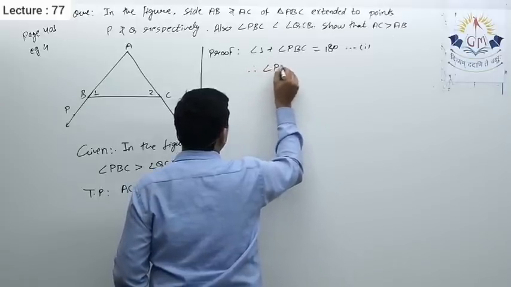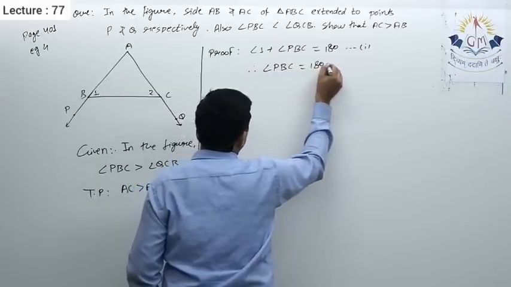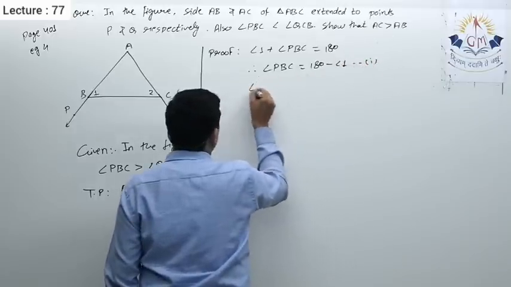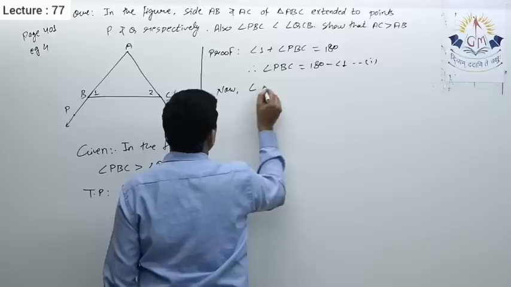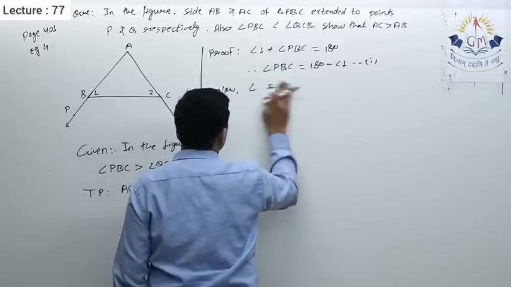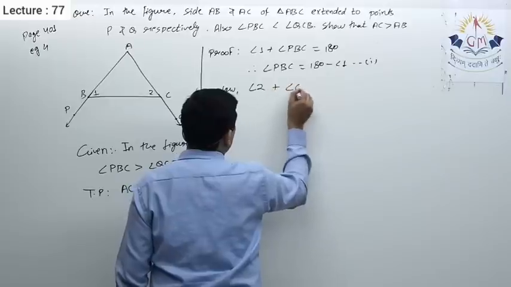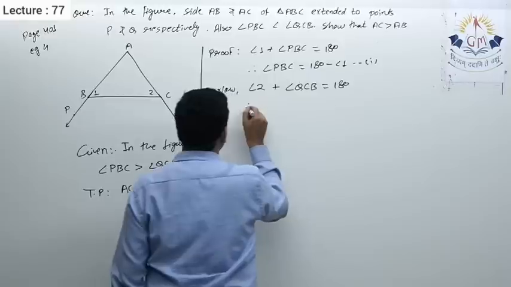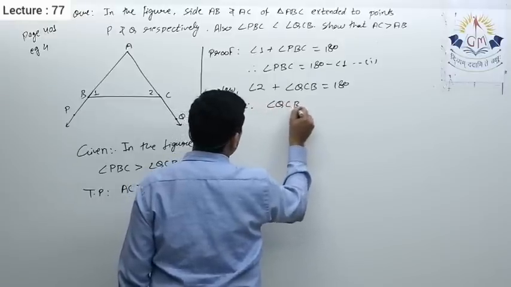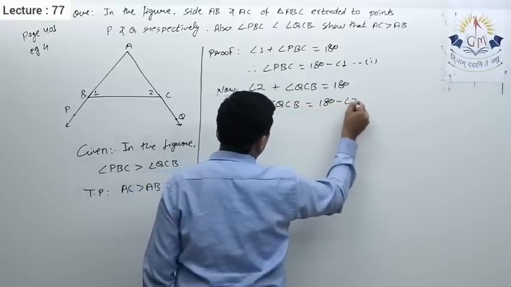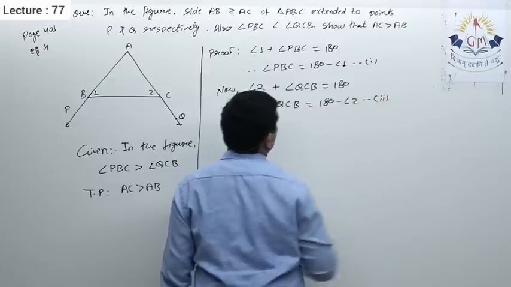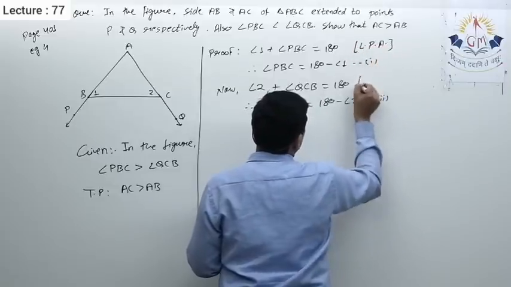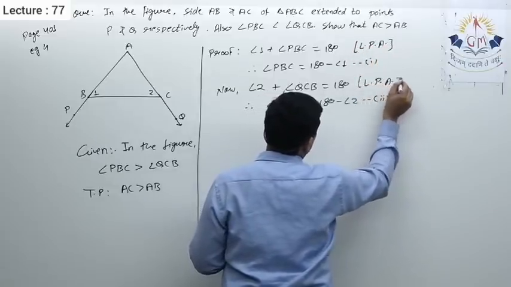Therefore angle PBC is equal to 180 minus angle 1. Let this be 1. Now angle 2 plus angle QCB is equal to 180 degrees. Therefore I can say angle QCB is equal to 180 minus angle 2. Let it be 2. The reason for this, I am writing in short, is the linear pair axiom. Here again it is the linear pair axiom.